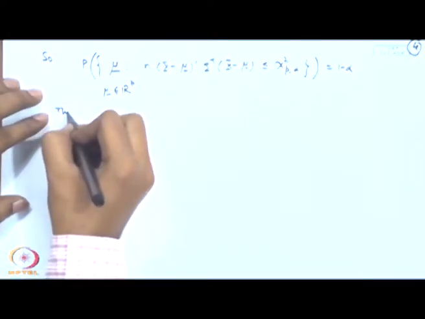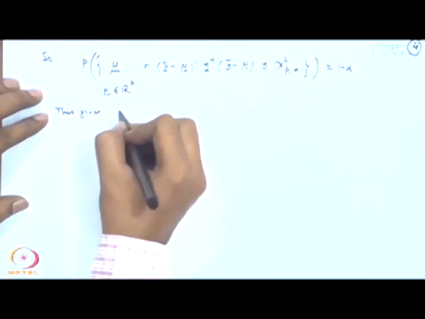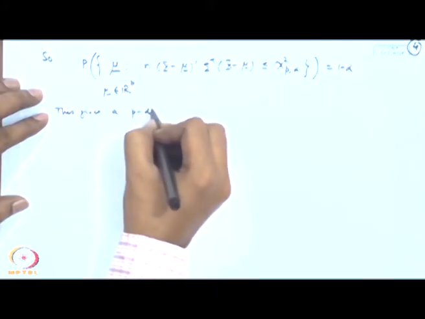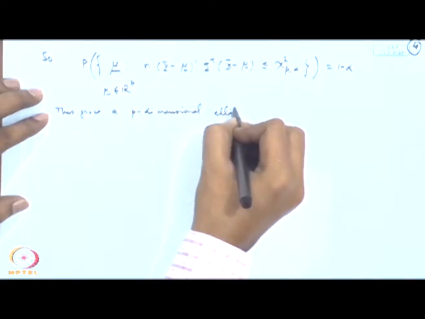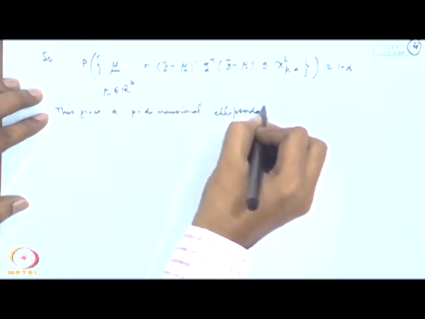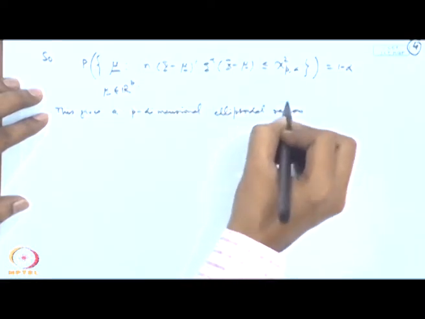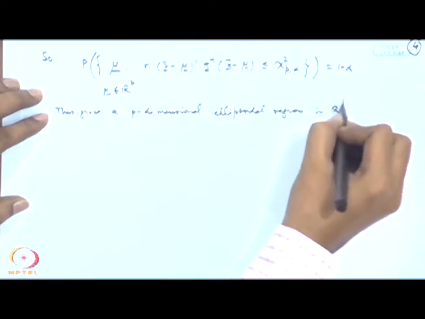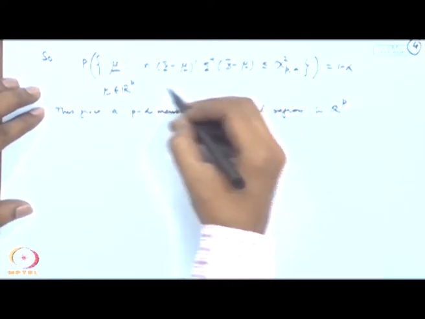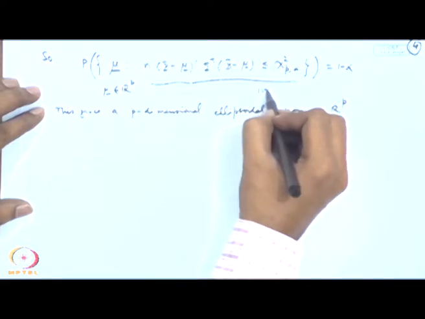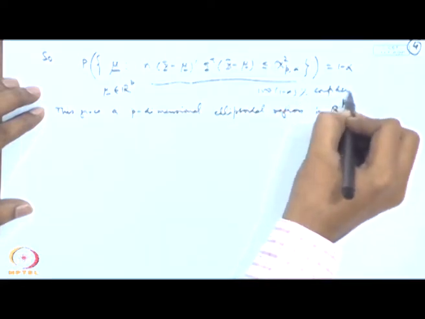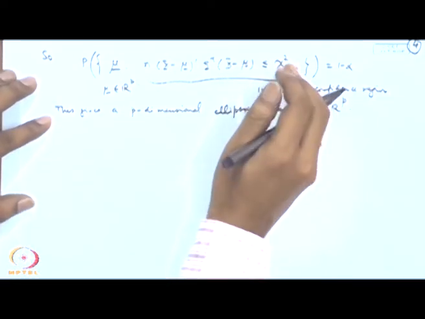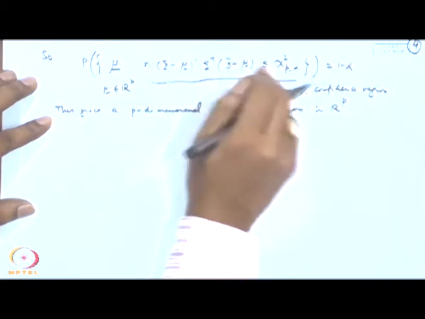So, this gives a p dimensional ellipsoidal region in R p. So, this is called 100(1 minus alpha) percent confidence region. So, basically this is the interior and the boundary of the space.